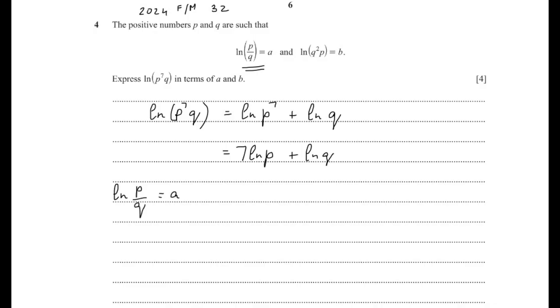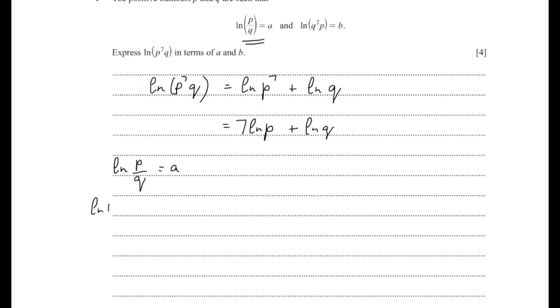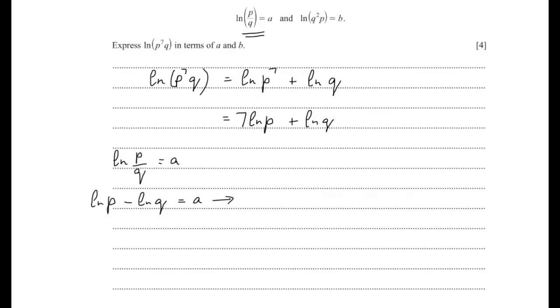We are going to use the division rule, which says that if a single log has two divided terms, we can write it as log of p minus log of q is equal to a. I'm just going to put that down as equation 1.